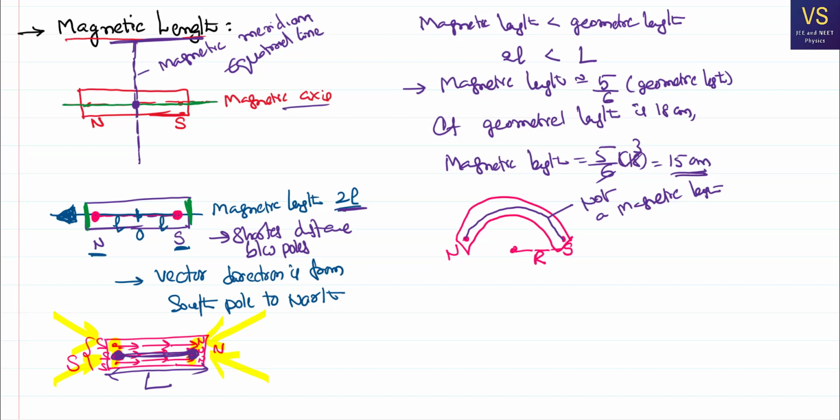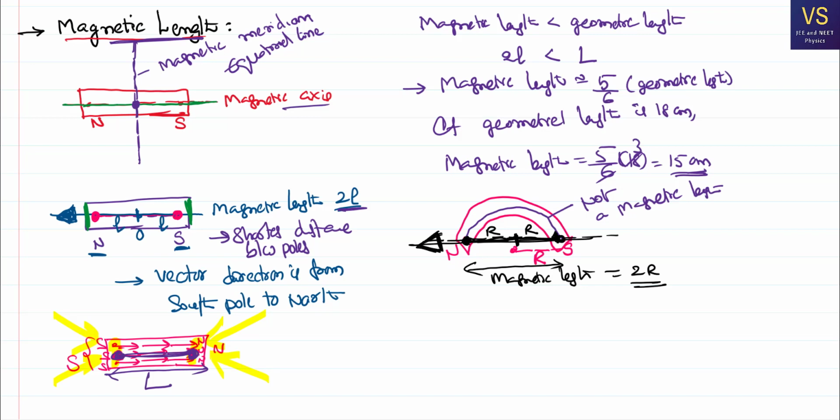So where is the axis? This is an axis. The axis is a line passing through both the poles. So this is one pole, this is another one. This will be the magnetic length. So what is that magnetic length? From here to here is one radius. From here to here is one more radius. So in this case, magnetic length is 2r, having a directional property from south pole to north pole. This is how we have to understand the magnetic length.